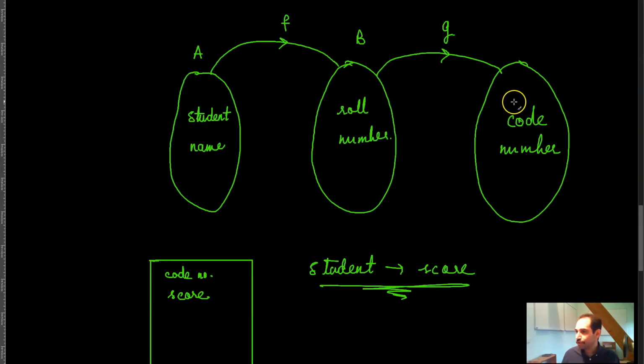After the answer scripts are examined, the examiner enters a mark against each code number in a mark book and submits it to the office of the board.